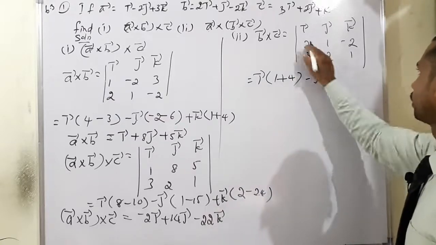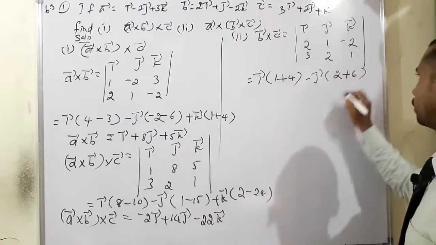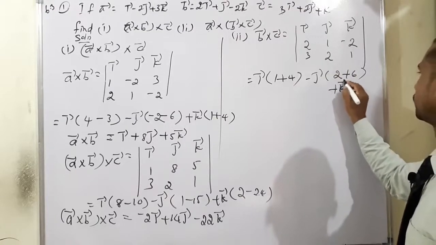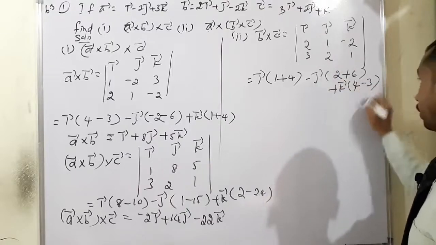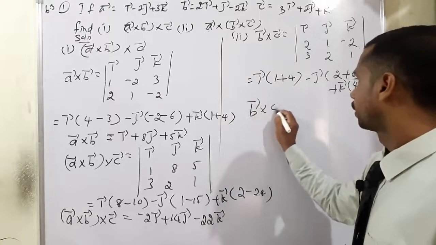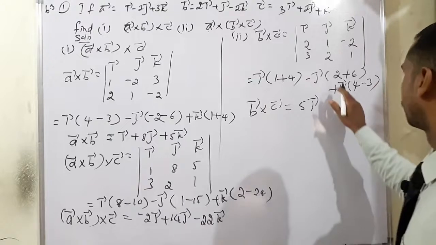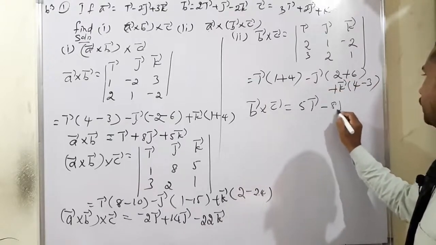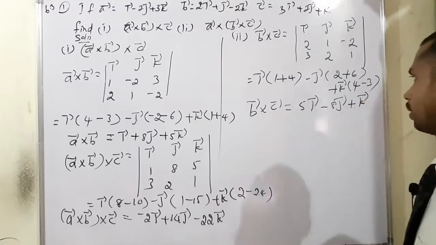Then minus j vector means 2 into 1, 2, minus 2 into 3, minus 6, but positive 6. Next, plus k vector means 2 into 2, 4, 3 into 1, 3, minus 3 will come. So B vector cross C vector is equal to 1 plus 4, 5i vector; 2 plus 6, 8, minus 8j vector; 4 minus 3, positive k vector.